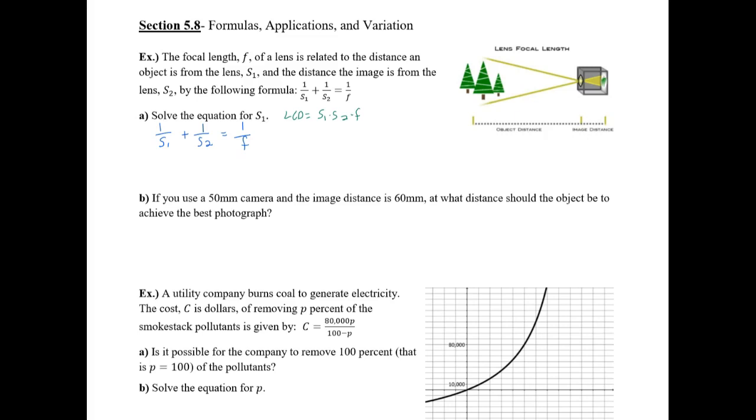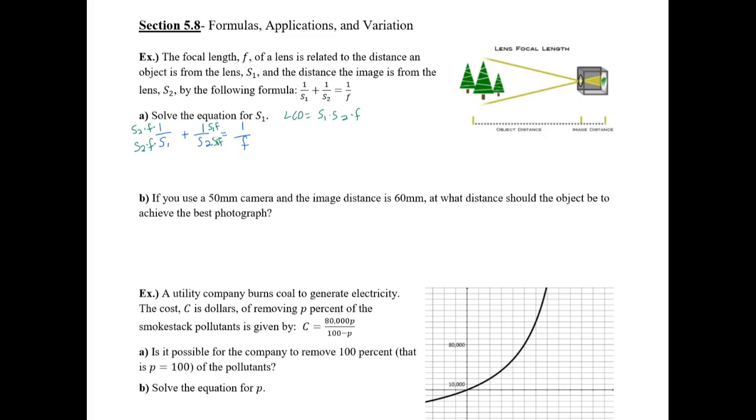So this first denominator has S1. It needs S2 and F. Same thing in the numerator, S2 and F. The second denominator has S2. It needs S1 and F, numerator and denominator.